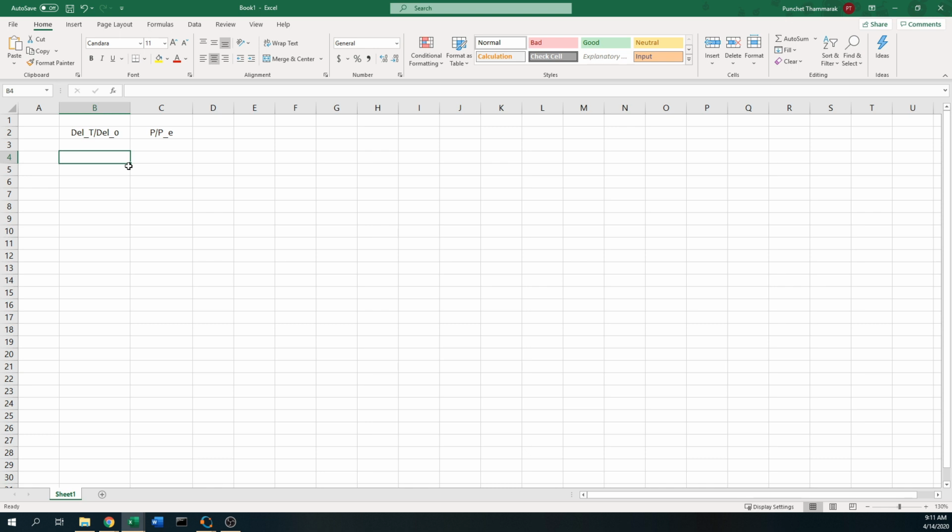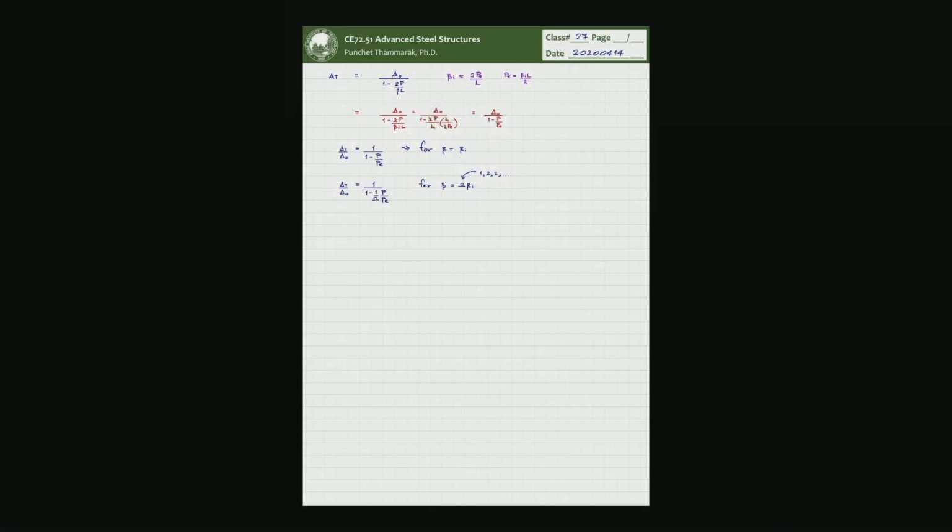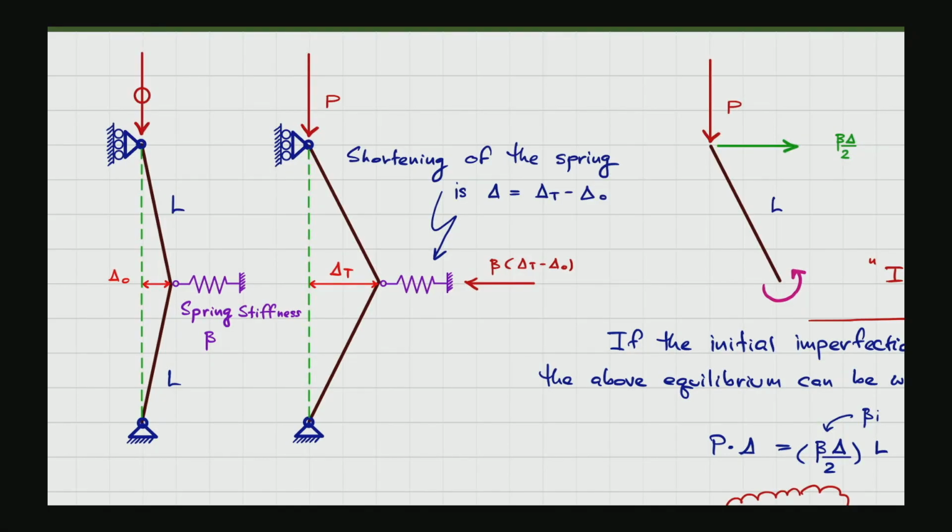We got to look back into this. So the implication of delta t over delta naught, total delta divided by delta naught: if you have the original delta naught being some number, the delta t cannot be less than delta naught, right? At the initial condition like this, your delta t is equal to delta naught.